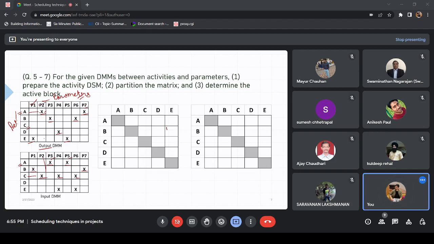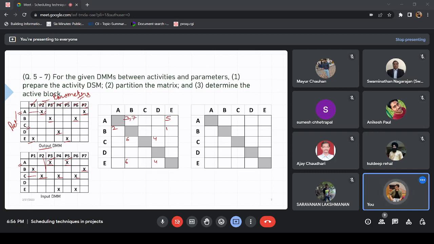P2, A gives to B. P3, B gives to A. P4, D gives to C and E. P5, E gives to A. Then P6, B gives to C and E, and P7, A gives to B.